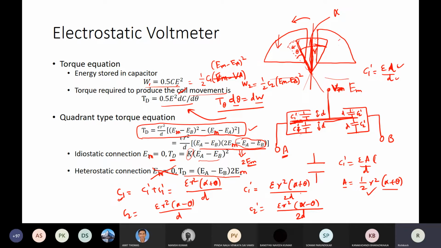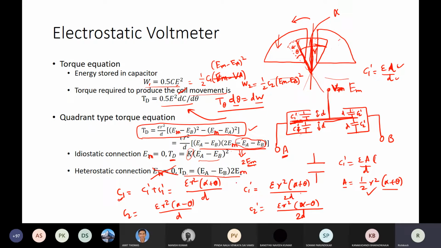We can replace this term with simply 2m, practically, and because of that, the deflecting torque is not now proportional to voltage square, but only voltage difference.